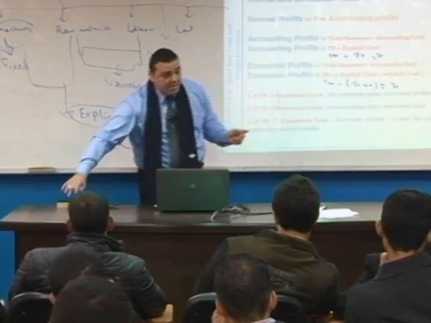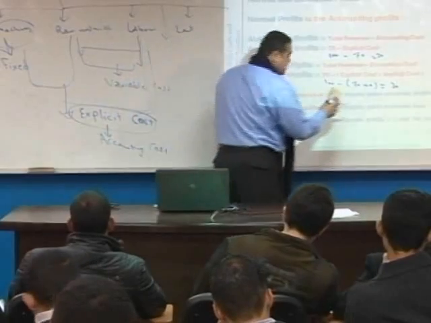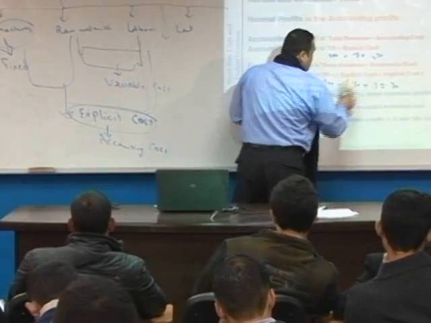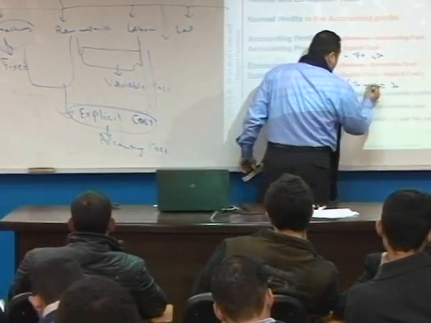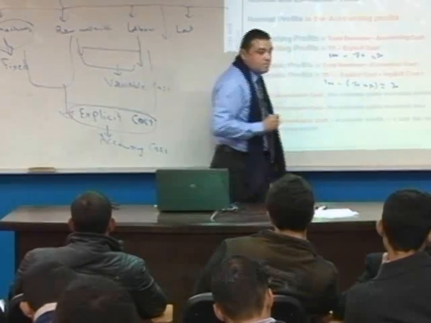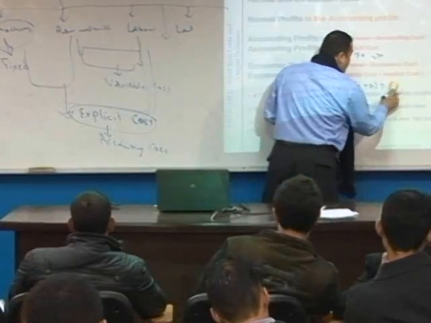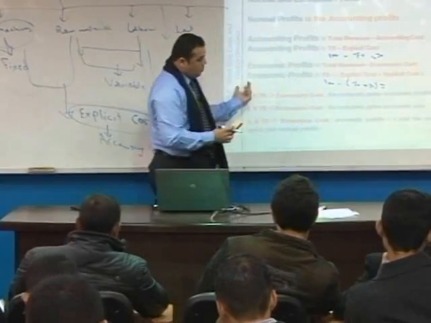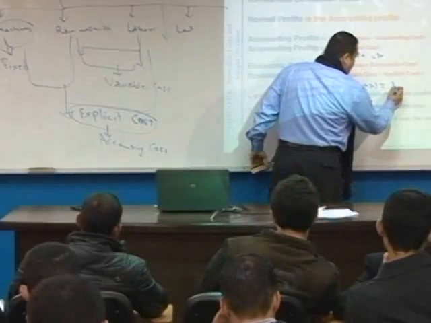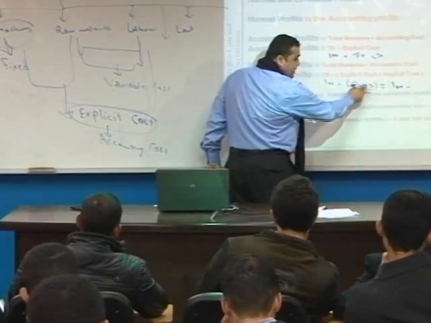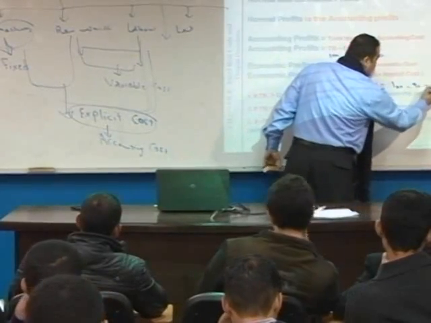But suppose the implicit cost equals $20. In this case, the economic profits would equal 100 minus 70 plus 20, which equals 90 minus 90, equals 10.